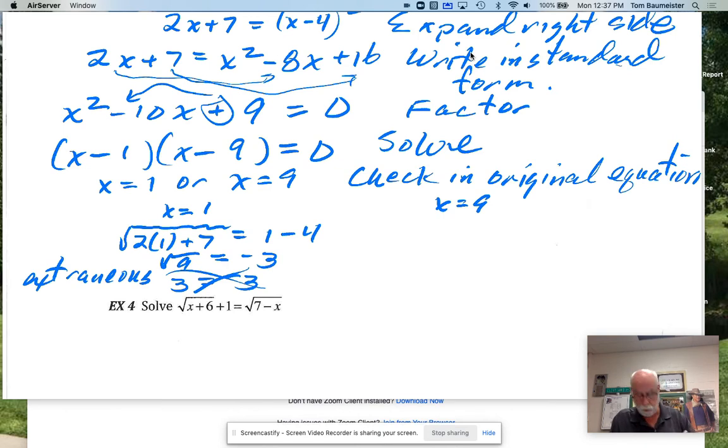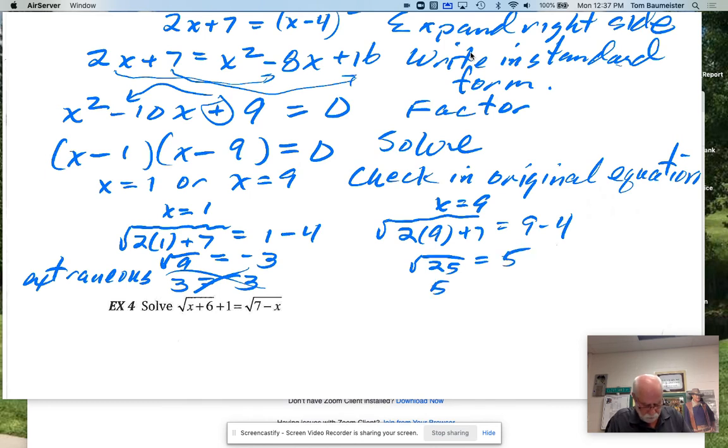When we do x is equal to 9, 2 times 9 plus 7, does that equal 9 minus 4? Well, 2 times 9 is 18. 18 plus 7 is 25. So we'll have the square root of 25. Does that equal 5?